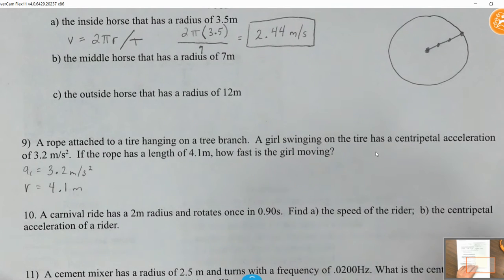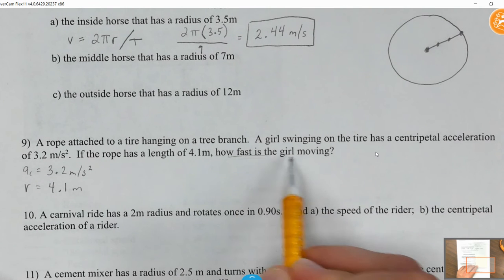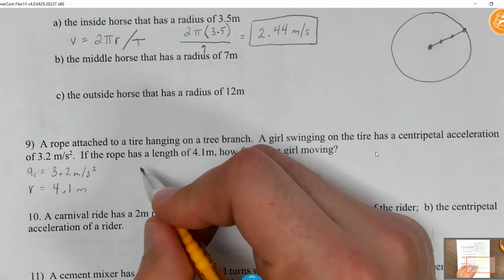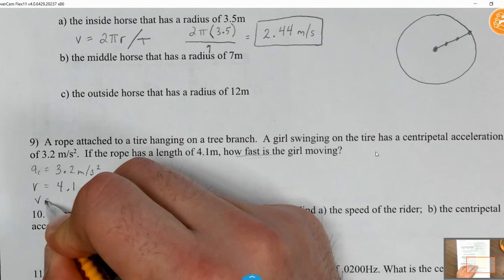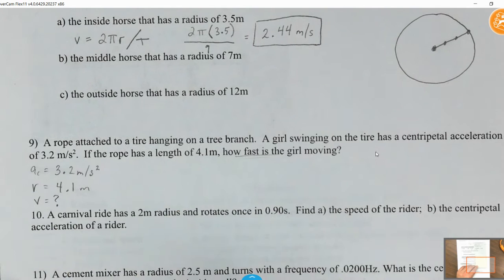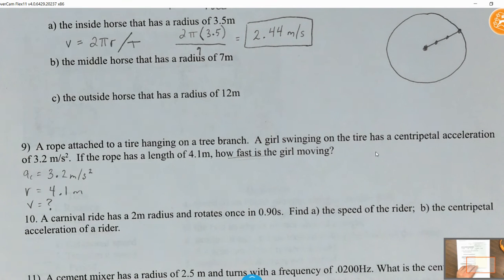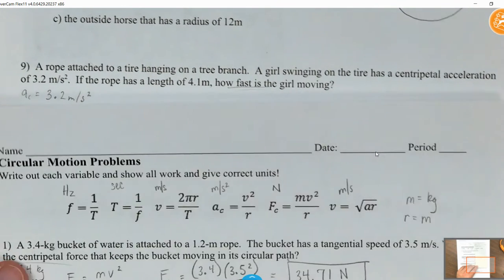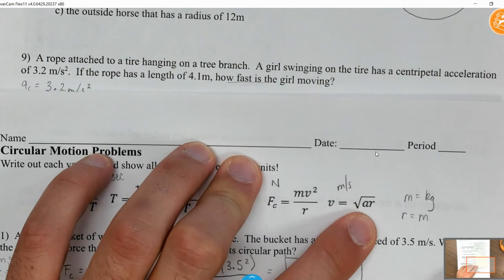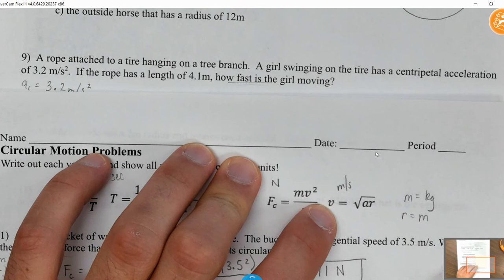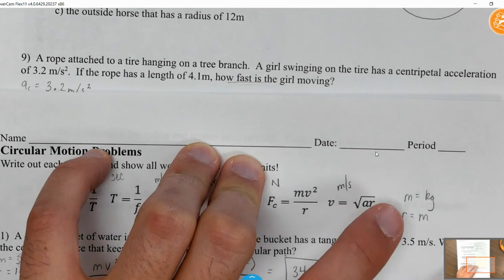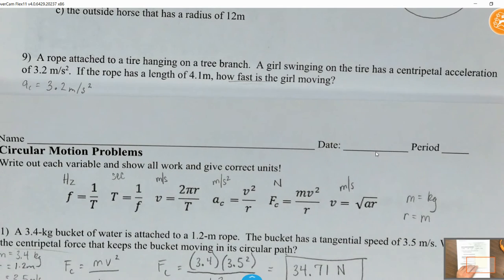All right, so what do we do? They want to know how fast the girl's moving. So that's a velocity. So we have to find the equation that has all three of those things in common. And bam. Velocity is equal to the square root of centripetal acceleration times the radius.